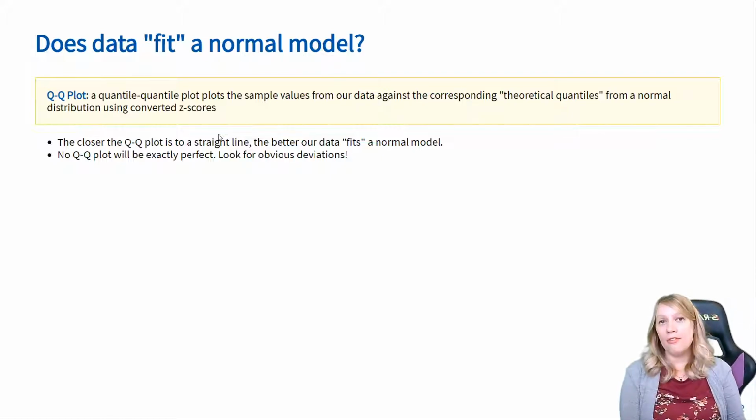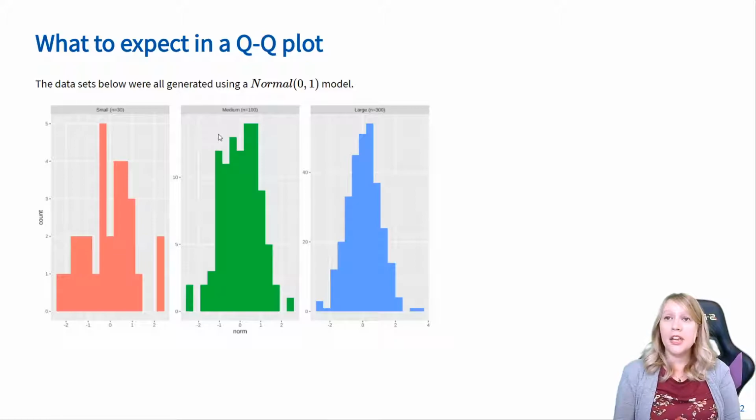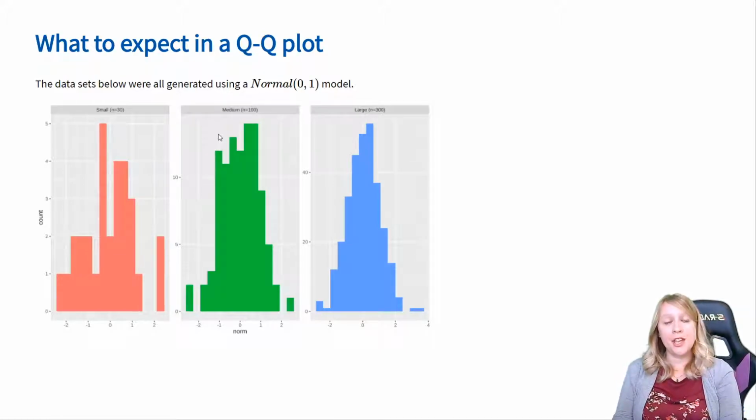Now, if our variable looks approximately normal, if it follows a normal model, this QQ plot should look like a straight line. In order to get a feel for what these things look like in practice, I've simulated some data. So let's look at a few QQ plots. Here are 3 examples of various histograms that were generated using a normal model.